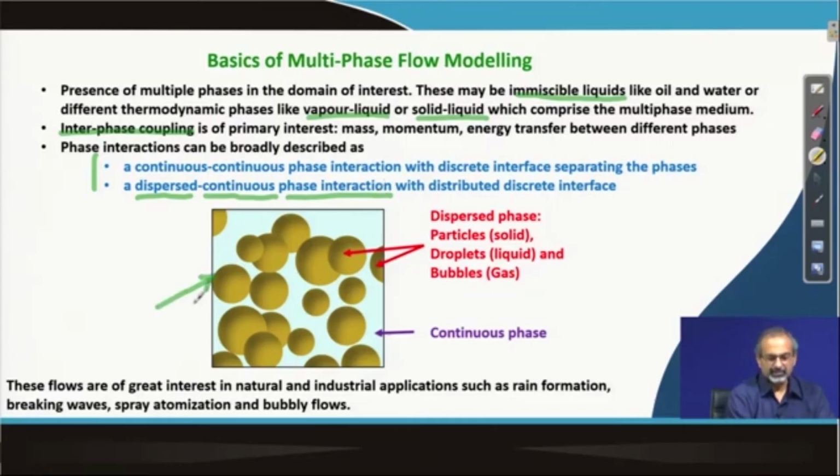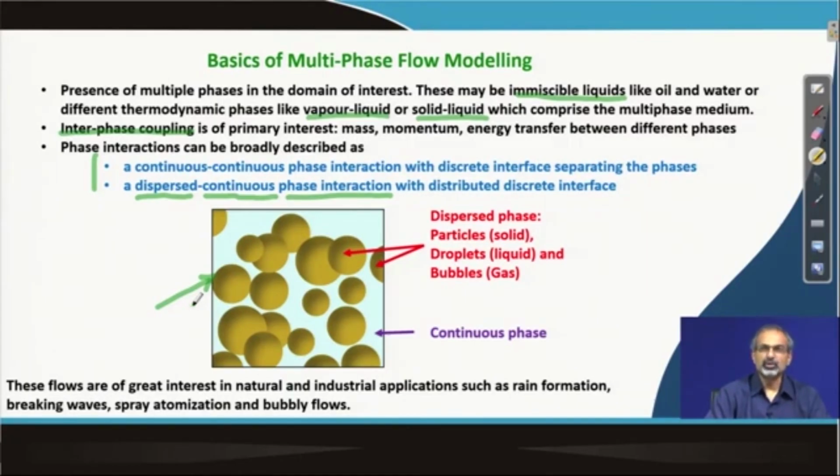if you look at this figure, you would get an idea of what we are trying to mean by dispersed continuous phase interactions, because you can see that the bluish color region is indicated as continuous phase. Let us say it is liquid, and in that liquid we have suspended particles which could be solid, or they could be droplets of another liquid.